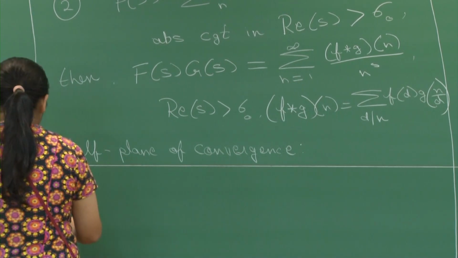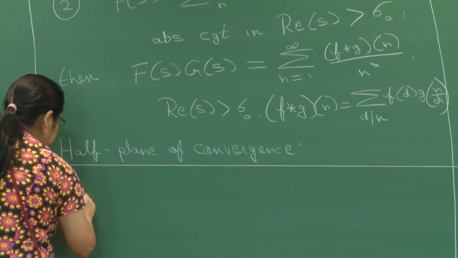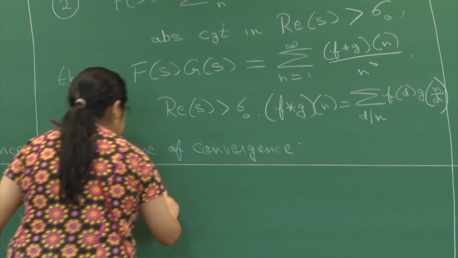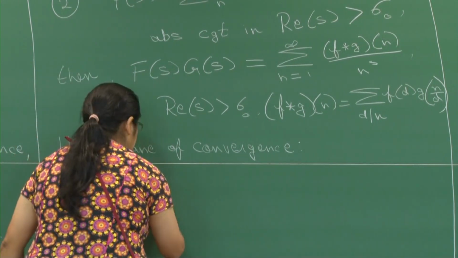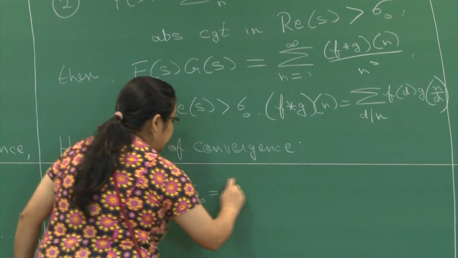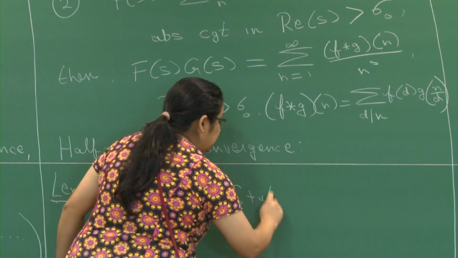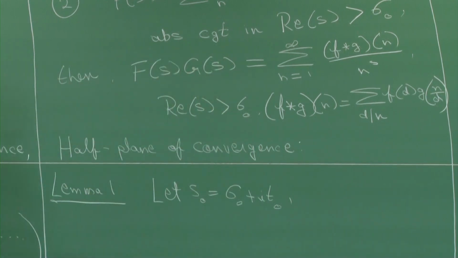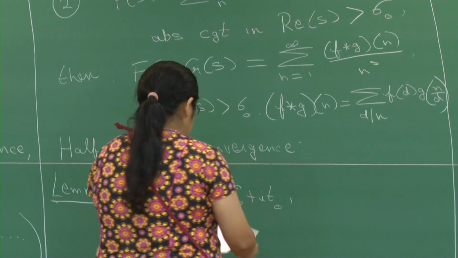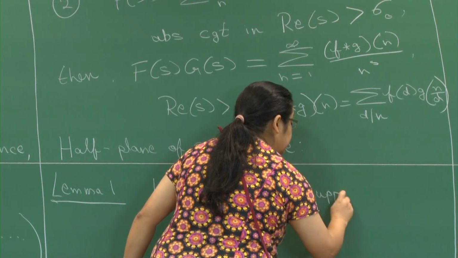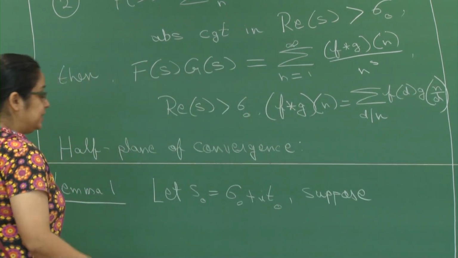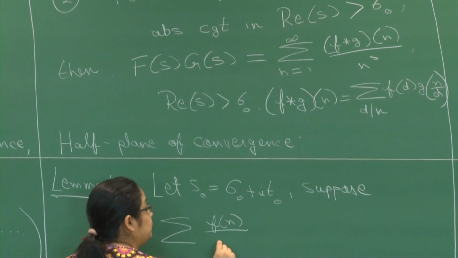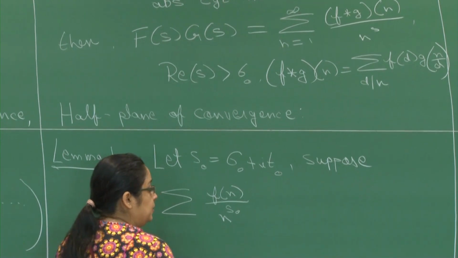So, here is what we want to prove. Suppose you have some complex number, so let us take S0 is sigma 0 plus I T0, and for this particular complex number, we assume that suppose the partial sums of f of n over n raised to the S0 are bounded.